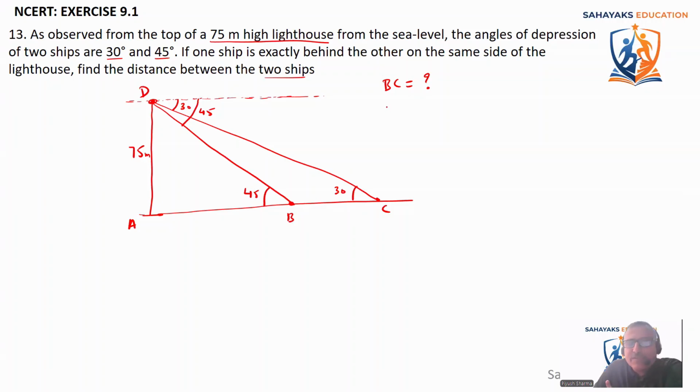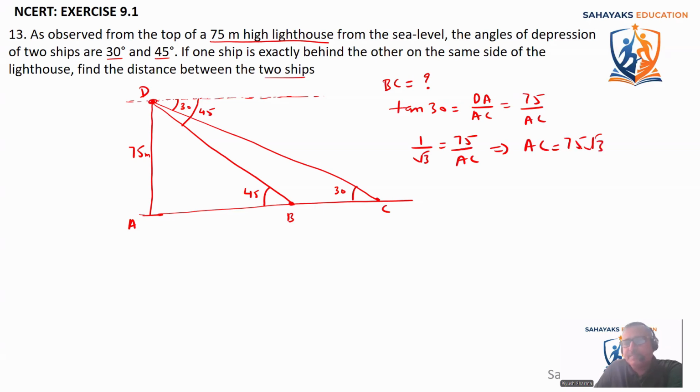For finding AC, we'll say tan of 30 is equal to dA divided by AC. What is dA? dA is given as 75, divided by AC. The value of tan 30 is 1 by root 3, which is equal to 75 divided by AC, which implies that AC is equal to 75 root 3.